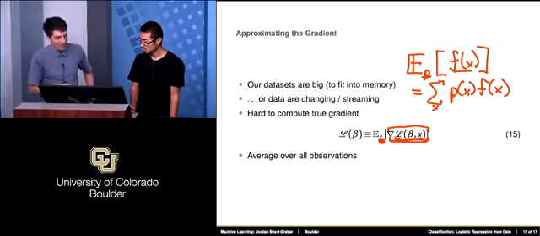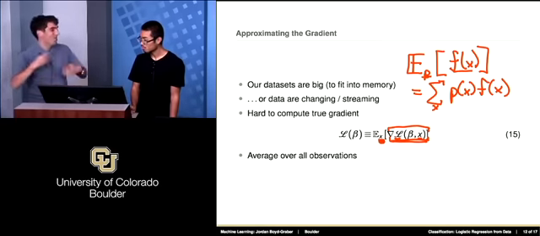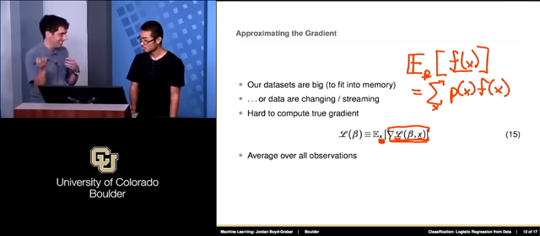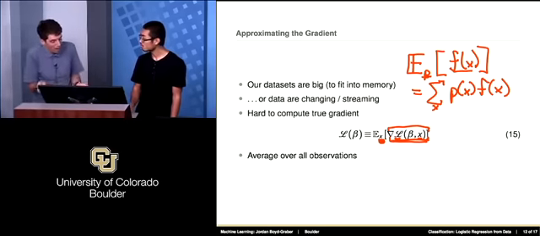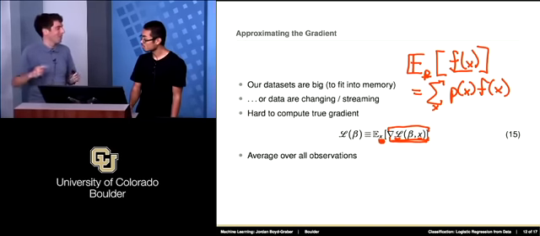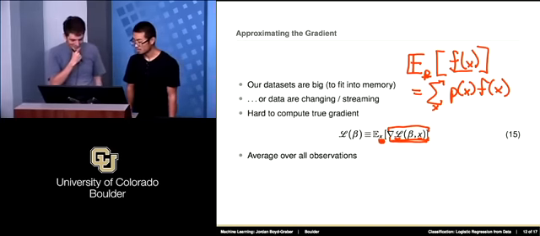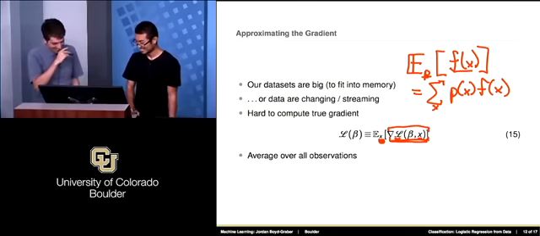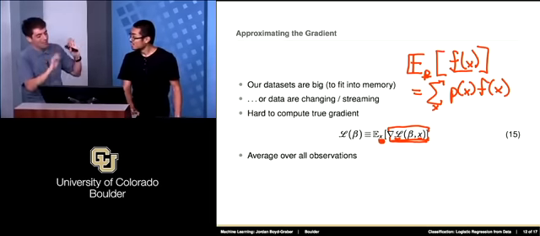And so if we're going to make an approximation of this true gradient using some data set that is probably imperfect in some way, why not make a further approximation? Oh, I see. Maybe you believe me, maybe you don't.